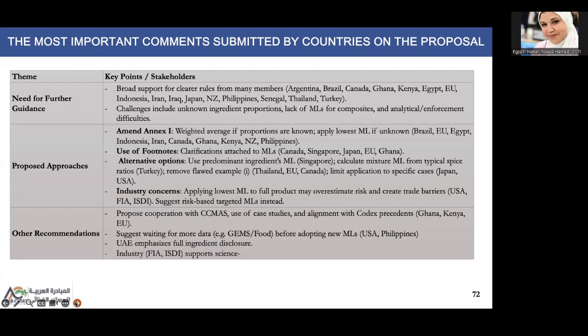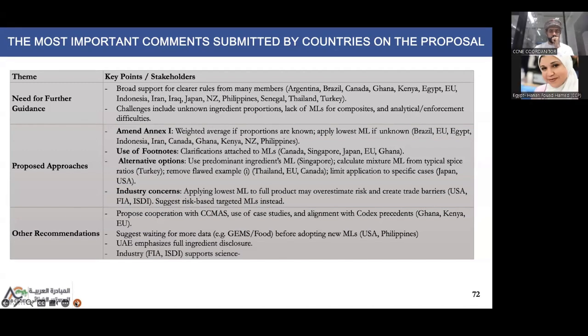Most important comments by the countries on the proposal. The need for further guidance: there was support from several countries like Argentina, Brazil, Canada, Ghana, Kenya, Egypt, EU, Indonesia. As you can see, there was broader support to include the proportions of unknown ingredients and the lowest ingredients limits.